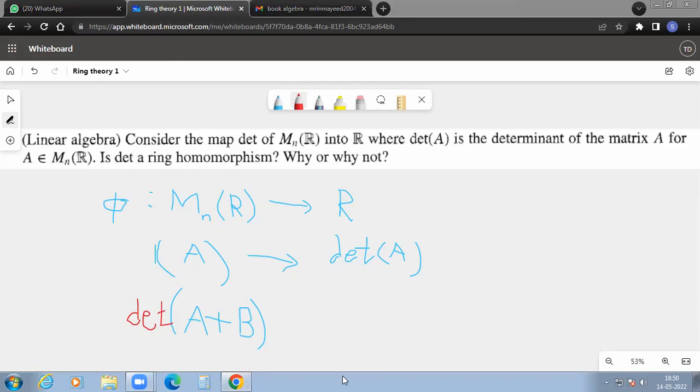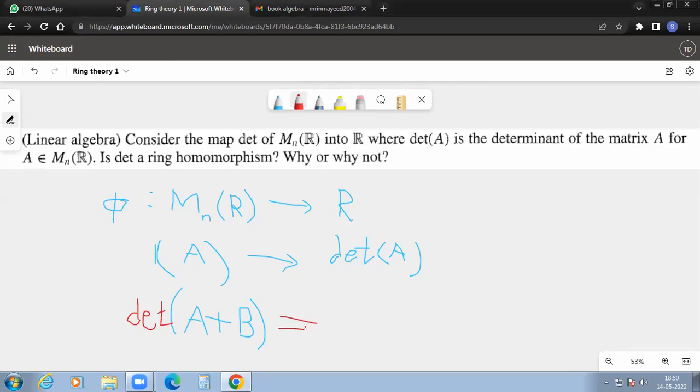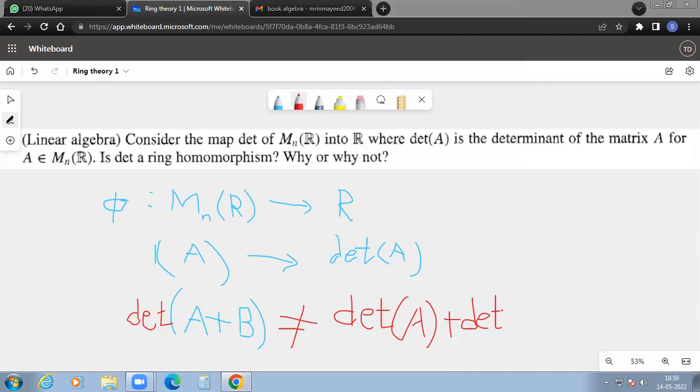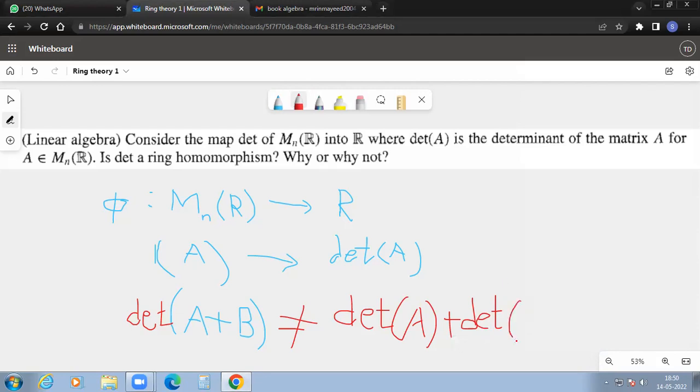The answer is no. Determinant of A plus B is not equal to determinant of A plus determinant of B. This is not possible. On purpose I am using red because determinant doesn't obey this. Determinant doesn't preserve addition. That's why it is not a homomorphism.